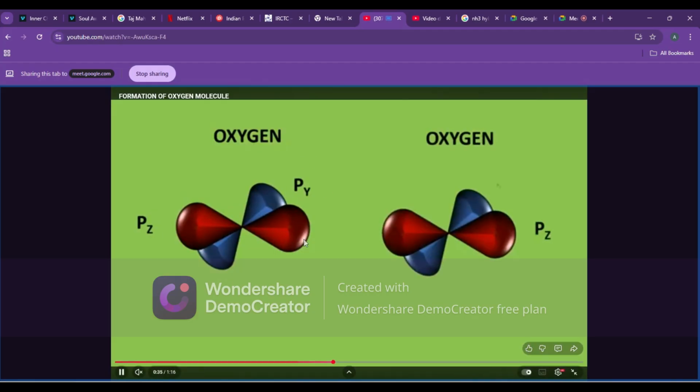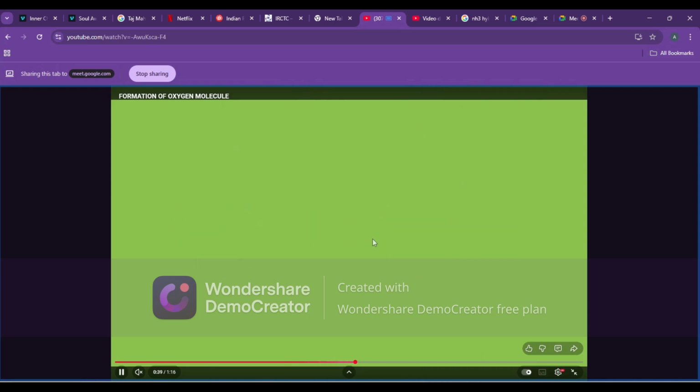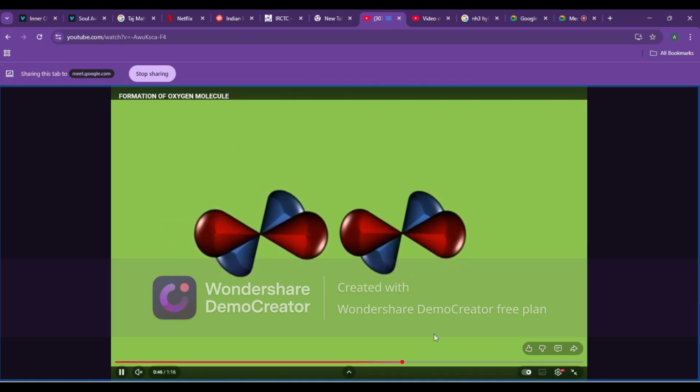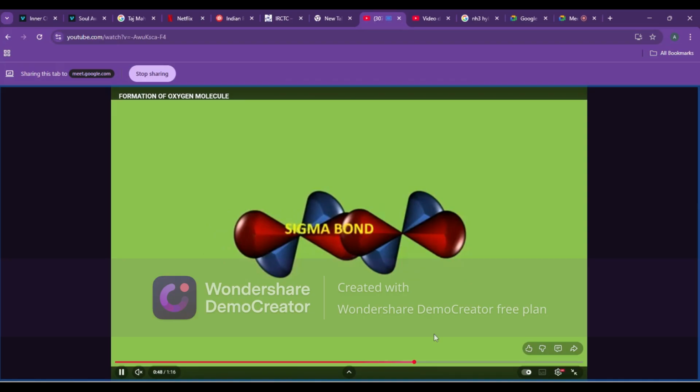These red ones are the px horizontal. When they come close together, they will directly overlap. This is called a sigma bond, direct overlapping, each one coming onto the other.